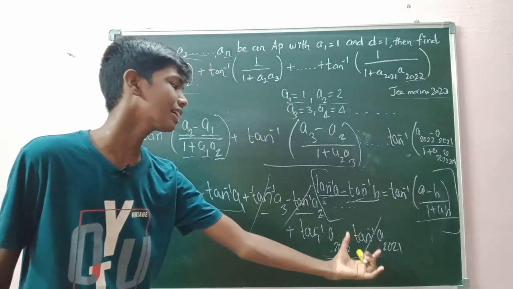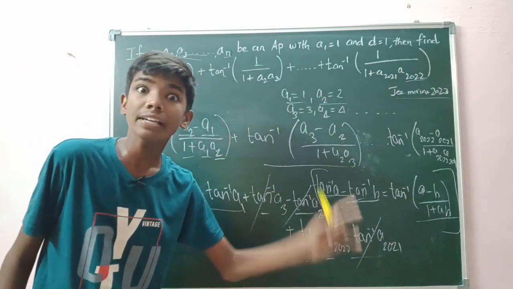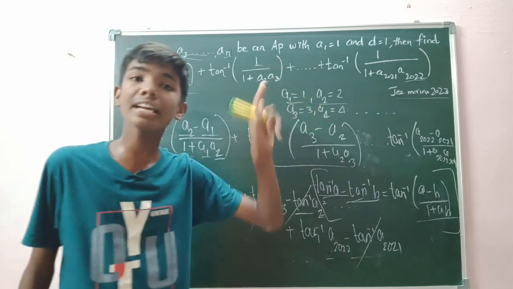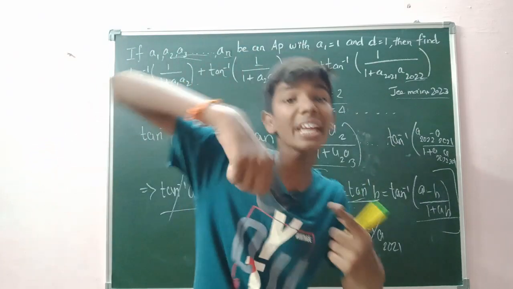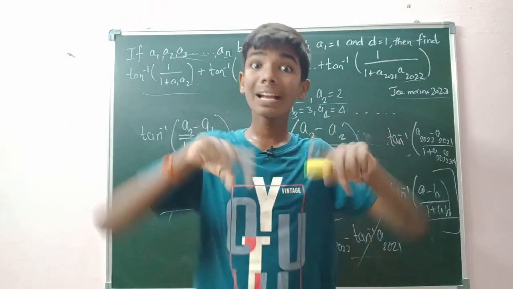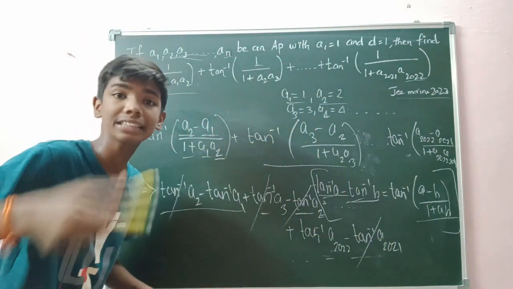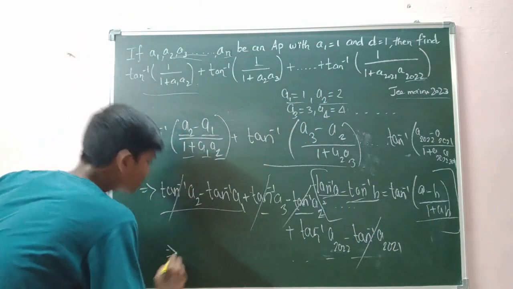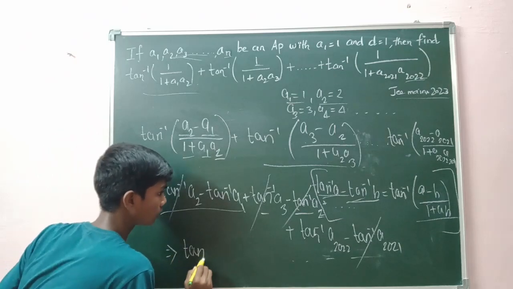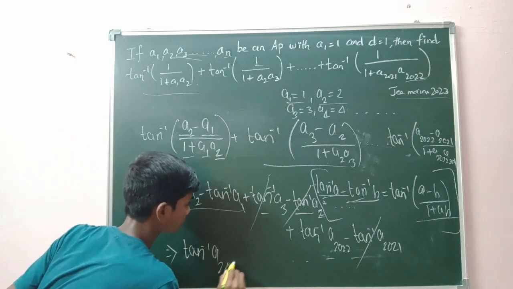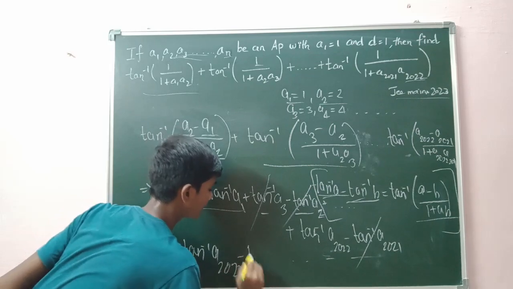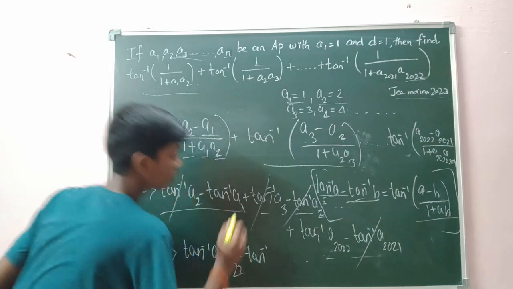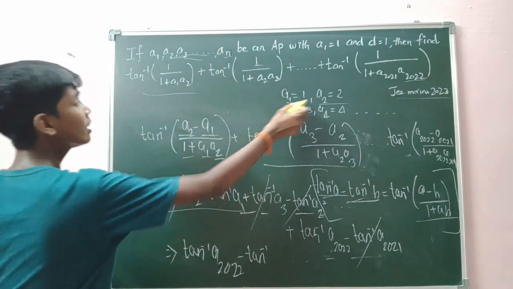If I am having minus tan inverse of a2021, the previous term's expansion will have plus tan inverse of a2021, so it will cancel like that. Therefore it will be left with tan inverse of a2022 minus tan inverse of a1. What is a1? Of course we know that a1 is 1.